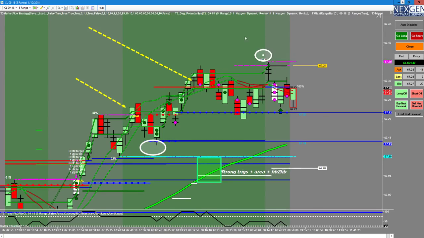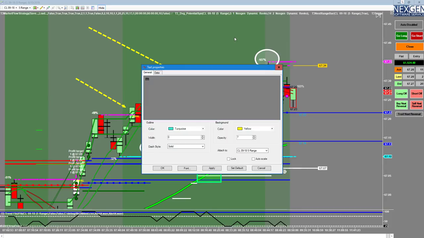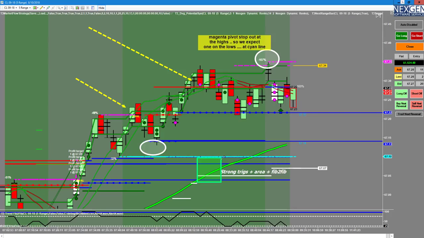See right here at the top? See how we took out this magenta line. We stopped it out by one tick. So we call this a pivot stop out, where they go just above a magenta line and then reverse back below it. Almost every time this happens, we have a pivot stop out at the bottom too.